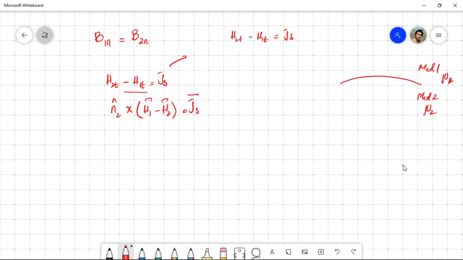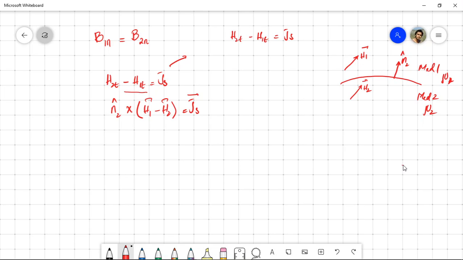Obviously, if this is the second medium, then the normal vector of this second medium will be normal to this boundary, so n2 hat will be drawn like this. In medium 1 we had H1 and in medium 2 we had H2. So these are the two vector quantities.